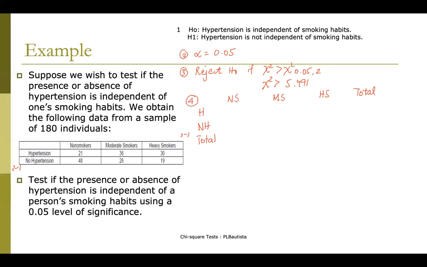So non-smokers is 21, 36, and 30. If you get the row total, it would be 87. Next, for those with no hypertension, you have 48, 26, and 19. And the row total would be 93.